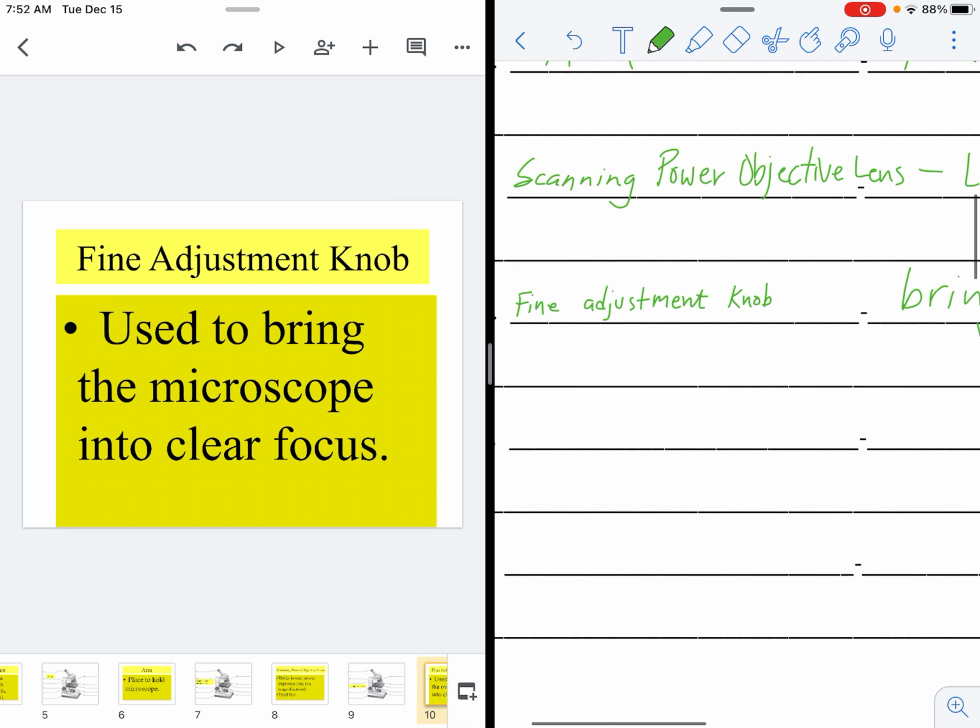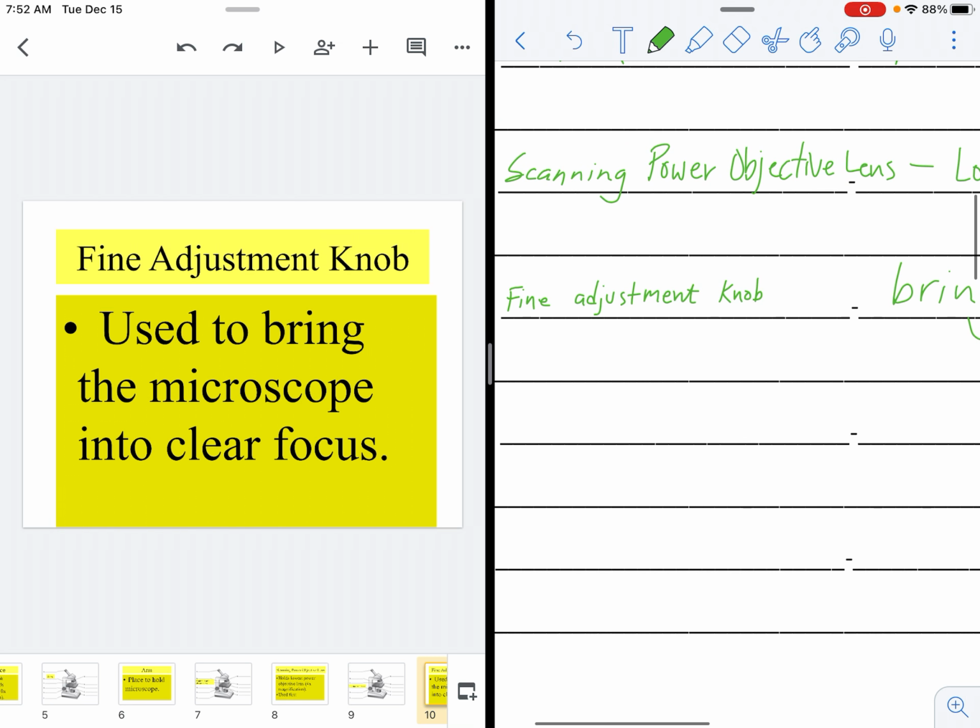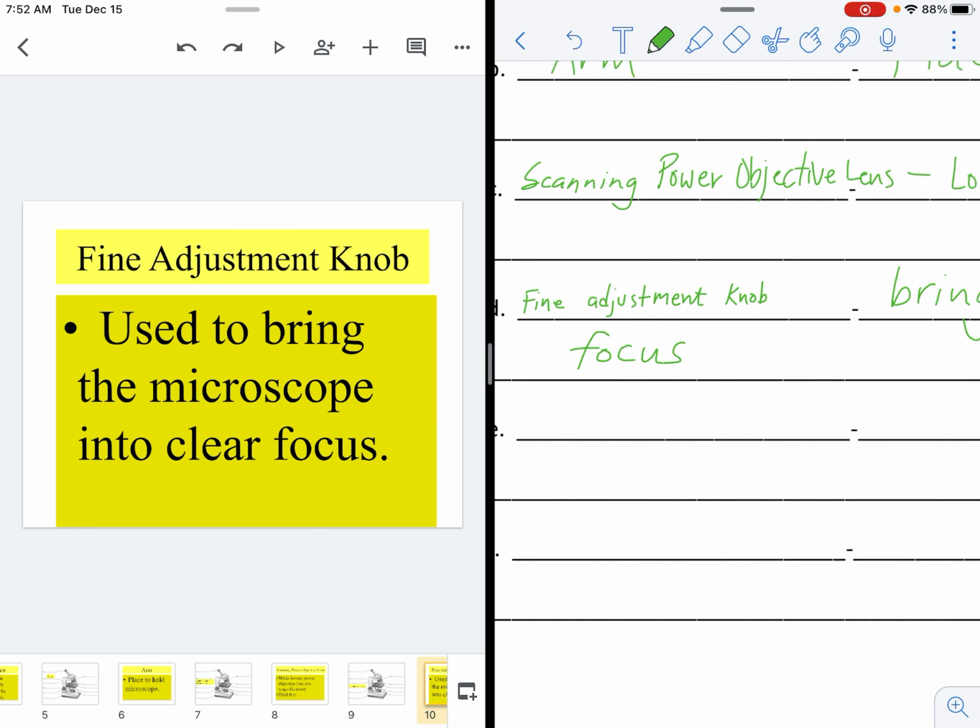And you use this focusing knob second. But that will be more important when we get to actually practice using these microscopes.